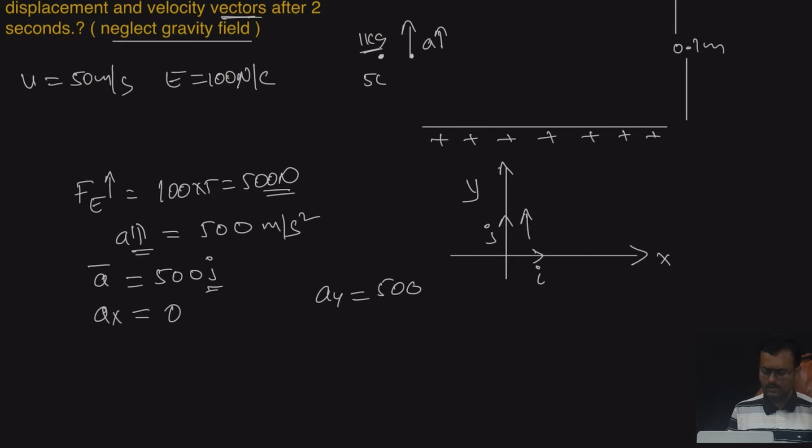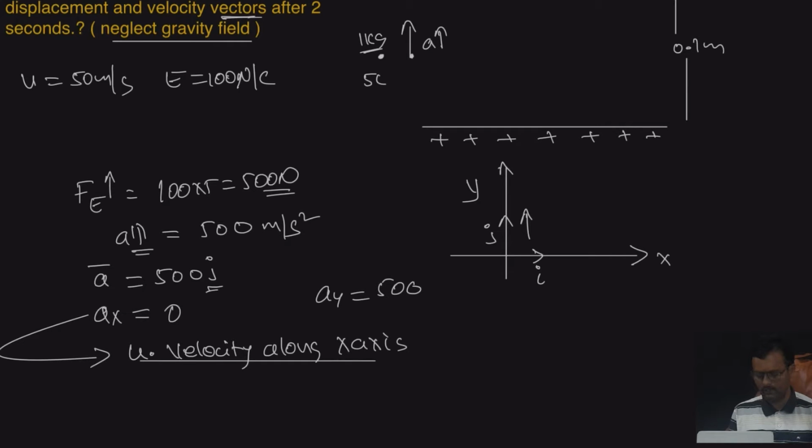So here the body is moving with uniform velocity along the x-axis. We have a formula: displacement is equal to velocity into time.